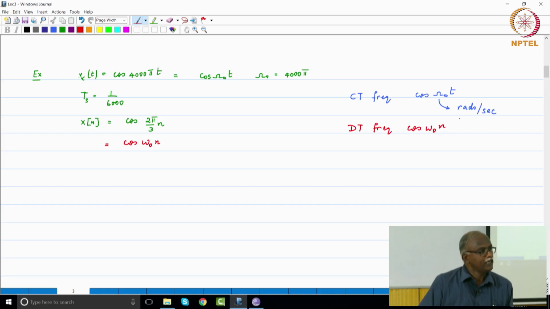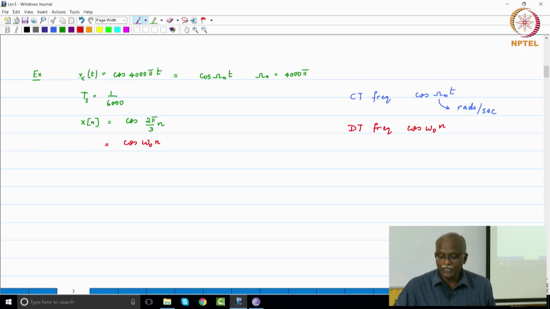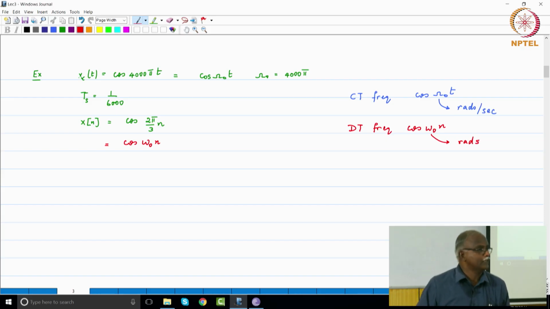The unit of n is samples, actually, it is a dimensionless quantity. But if you want to take cosine of something, it has to have radians as the units. So, omega naught in this case has got radians as its unit. So, there is a difference between what we call the continuous time frequency and the discrete time frequency.